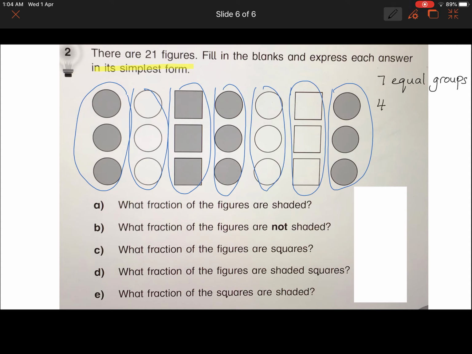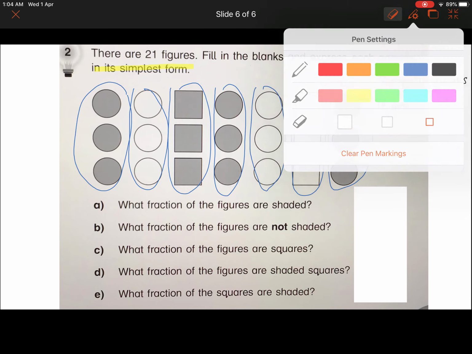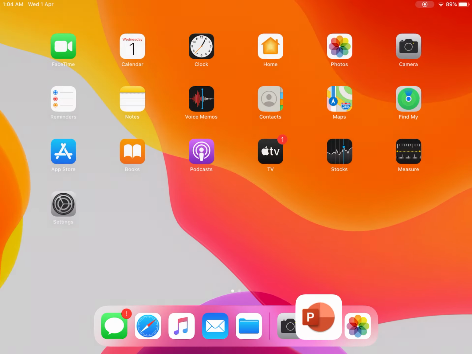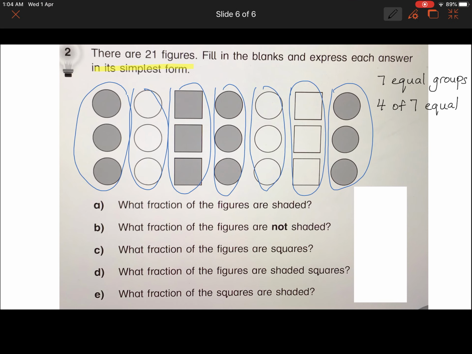So 4 out of 7 equal groups are shaded. So this means our first answer is 4 out of 7.